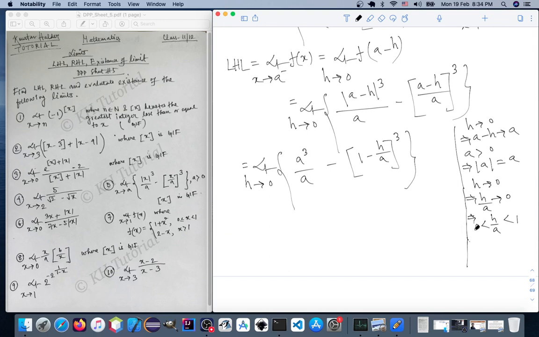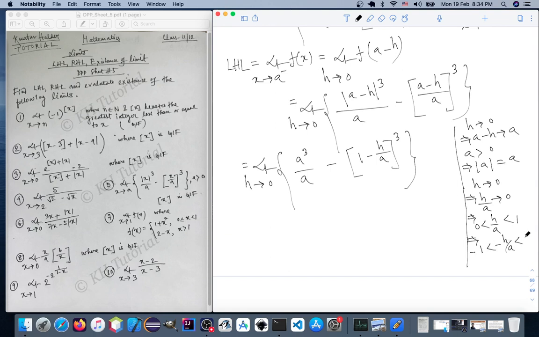This implies 1 minus h by a. If we multiply this inequality by minus 1, the inequality sign gets reversed and we get minus 1.